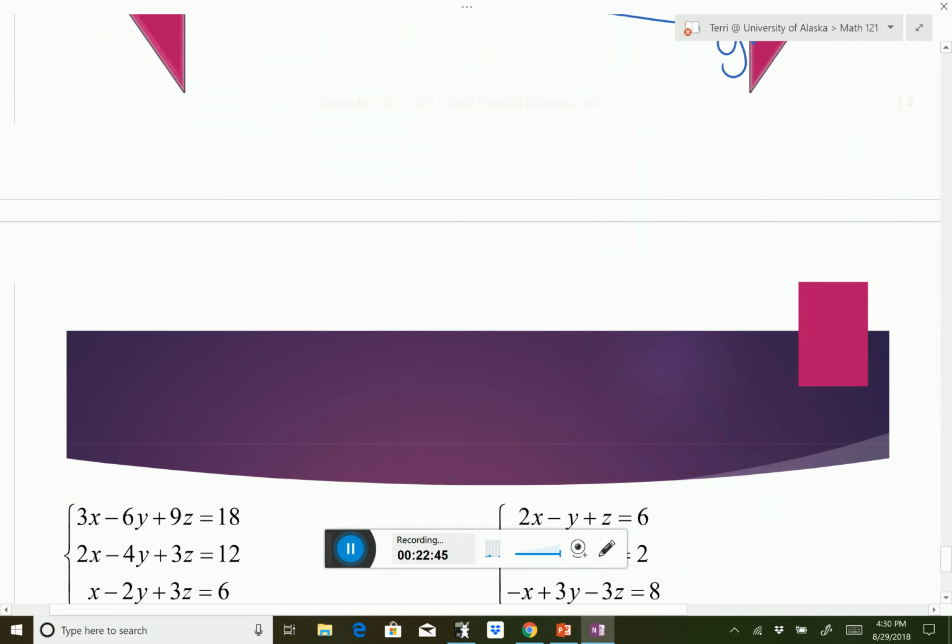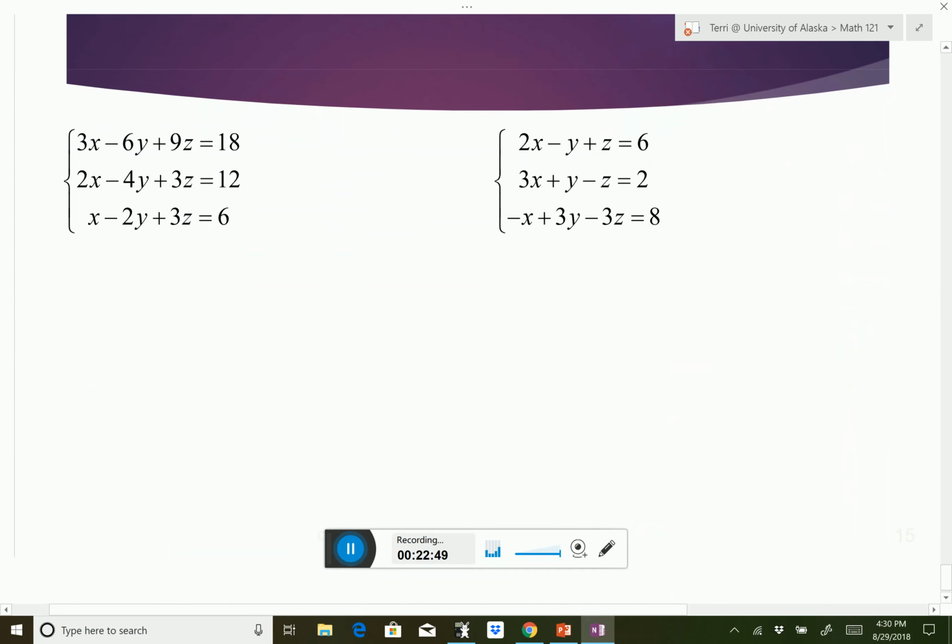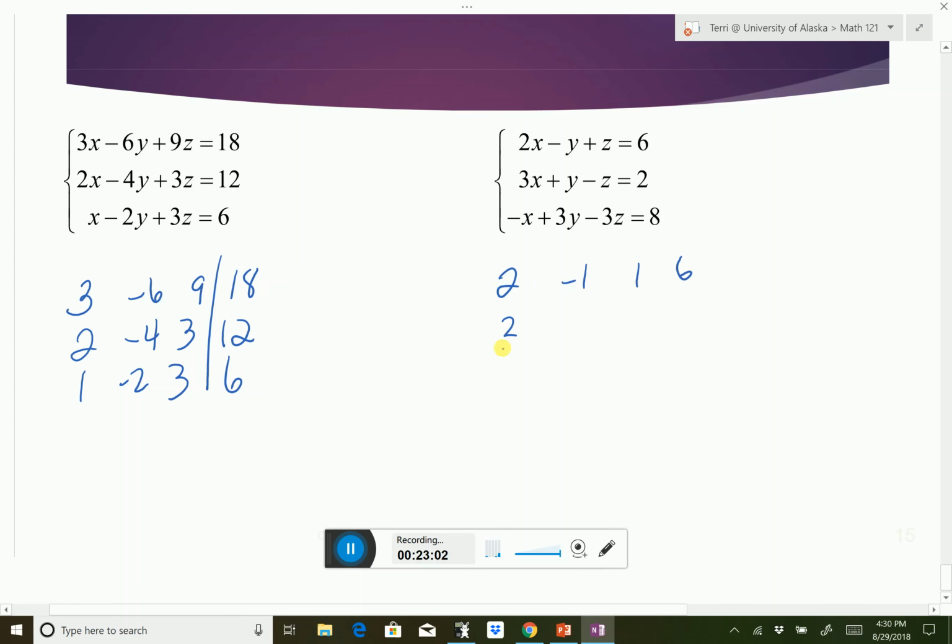So let's look at some of these. I'm going to do these again on your calculator because I want to practice and I want to show you what your calculator looks like when it does these. 2, -1, 1, 6, 3, 1, -1, 2, -1, 3, -3, 8.